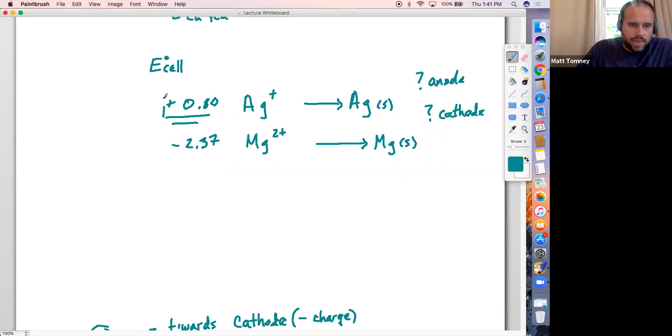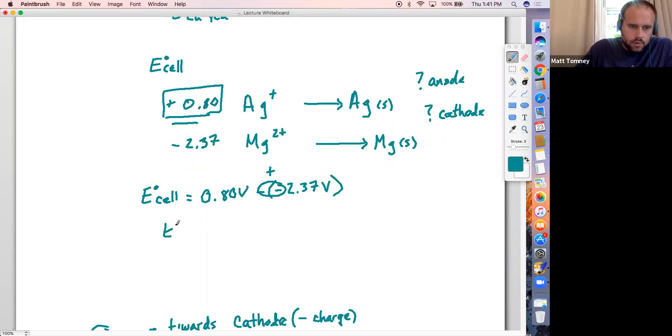The silver will be the cathode, which is what's being reduced. So I say standard E cell of this battery is going to be equal to 0.80 volts minus a negative 2.37 volts. This becomes added. So the E cell that you should have come up with in this problem is 3.17 volts.